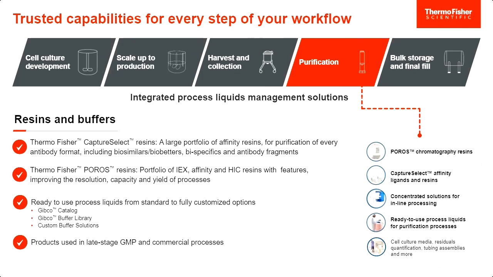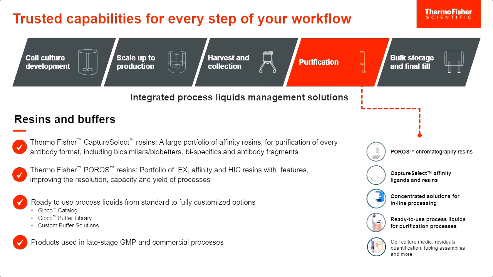For polishing, the porous ion exchange and hydrophobic interaction resins provide superior resolution and capacity for effective impurity removal. The manufacturing capacity consists of vessels up to 250 liters, located in Bedford, Massachusetts. Lastly, robust custom ligands and resin capabilities offering commercial tailored purification solutions are also available.